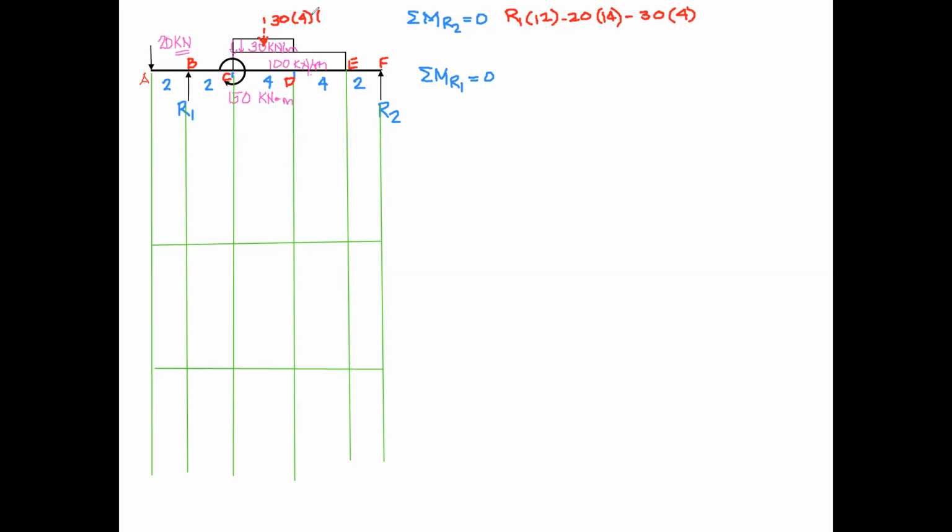I'll just place it there, 120, times the perpendicular distance by 8. Minus 100 times 8 times 6, what is R1? Plus 150.